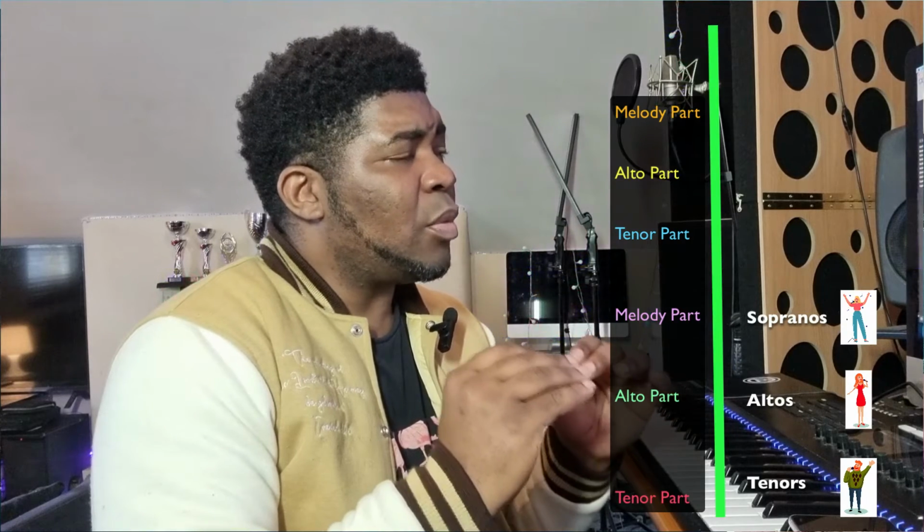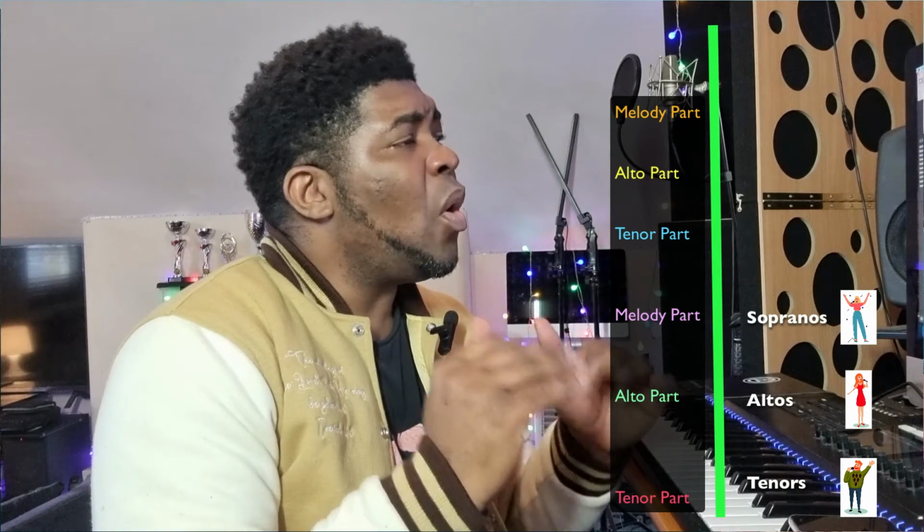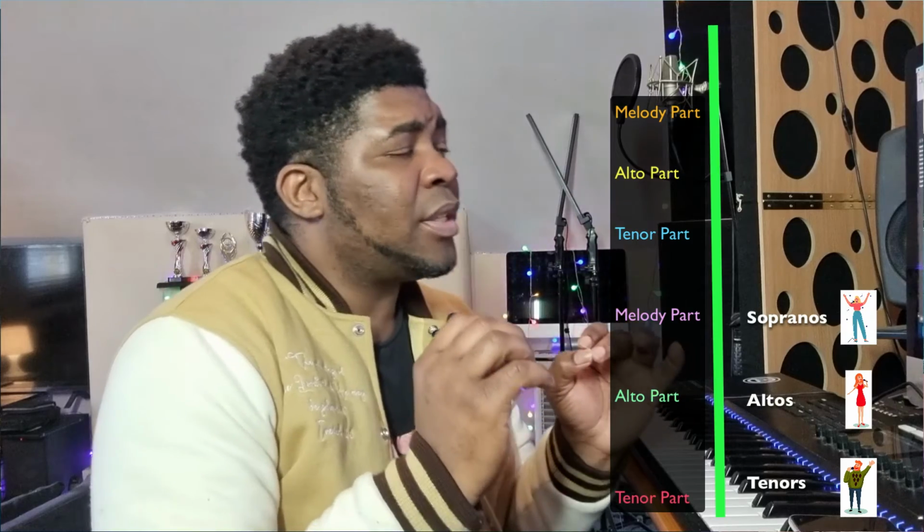Now, check this out. What if two parts go up when they invert and one did not? Here's what's going to happen. If the two parts go up, for example, we have the soprano voices singing the melody go up to sing the tenor part, right?